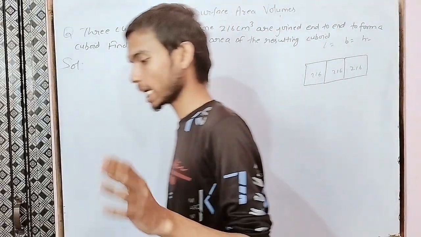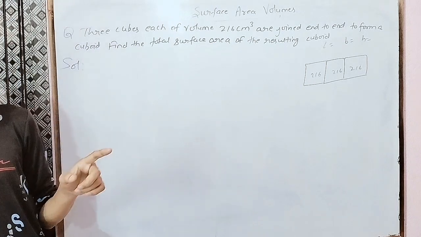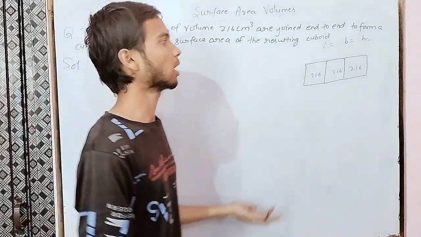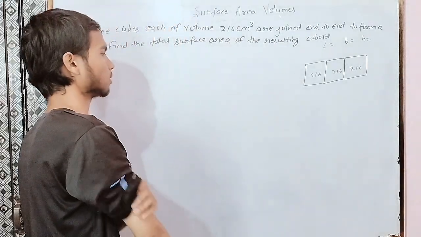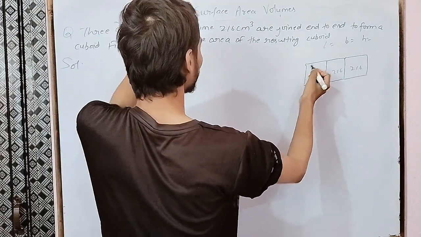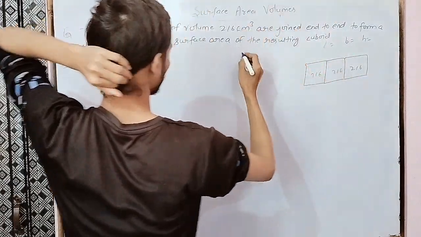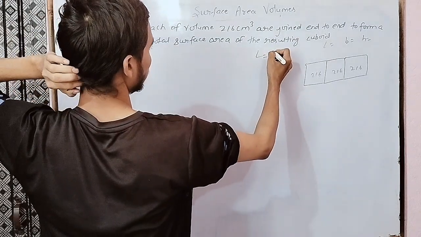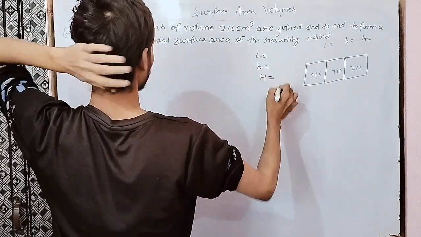Now we don't know the measure of this length, this height, this breadth. So here will be h. Here L is horizontal, the x-axis, B is the z-axis, and H is vertical, which is the y-axis. Remember this. So this is height. We are going to find the LBH. What is the L? What is the B? What is the H? Clear?